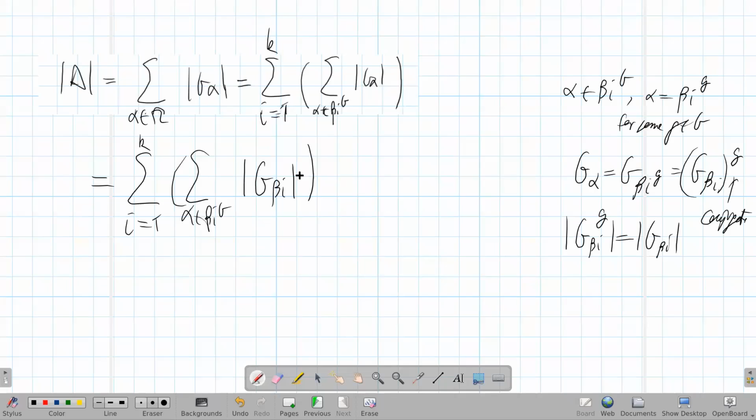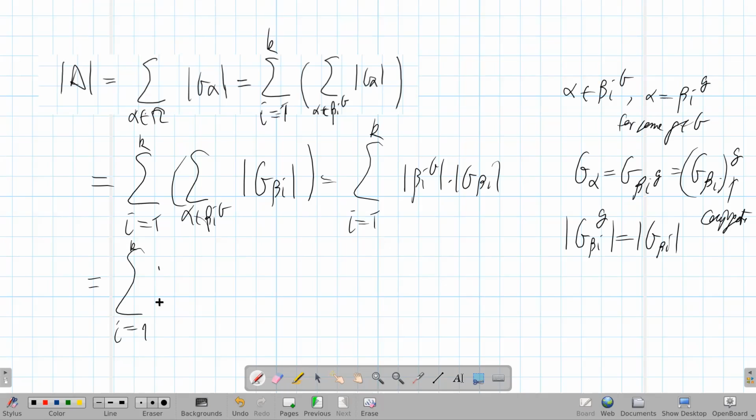You have as many summands, each equal to the order of G beta i, the stabilizer of beta i, as there are elements in the orbit beta i to the G. But now look, what we have here is orbit-stabilizer. The orbit-stabilizer theorem tells you that the product of the size of an orbit times the size of the stabilizer is the order of G. But once again, we have the sum from 1 to k of a constant which does not depend on i.